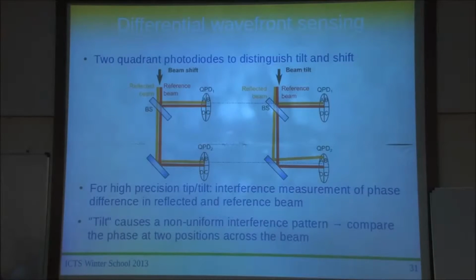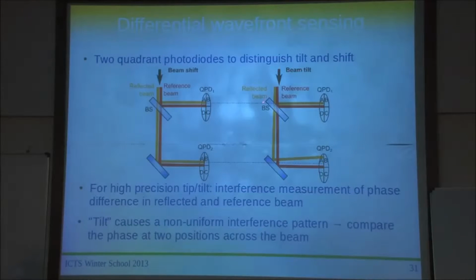So why do you need 2 of these quad photodiodes to make this little drawing? You need that because otherwise you couldn't distinguish between shift and tilt. If you would have only these 2 upper photodiodes here, that's the situation where the beam is just shifted.